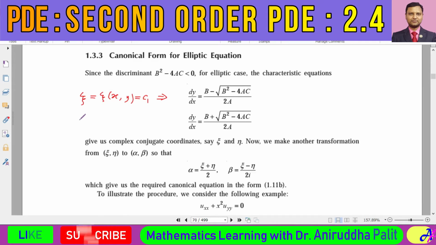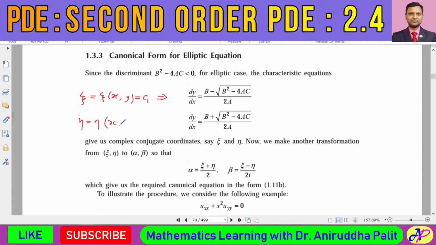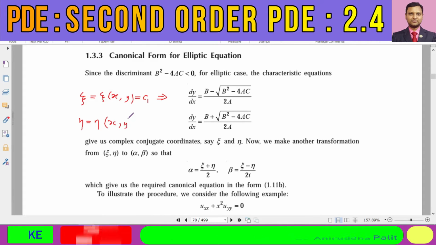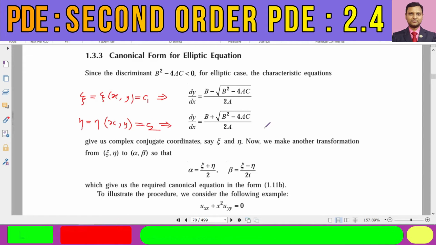Similarly, if we have another transformation eta equal to some function of x and y, and we have this kind of curve, if we differentiate it, we get this derivative.